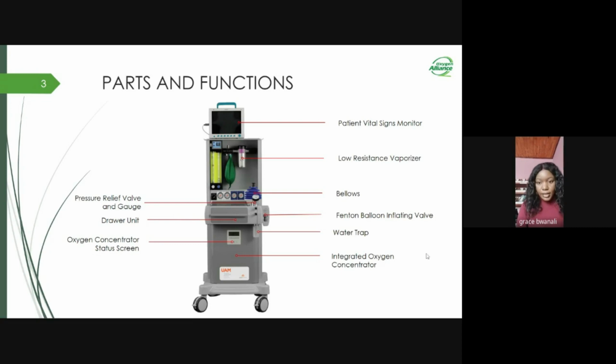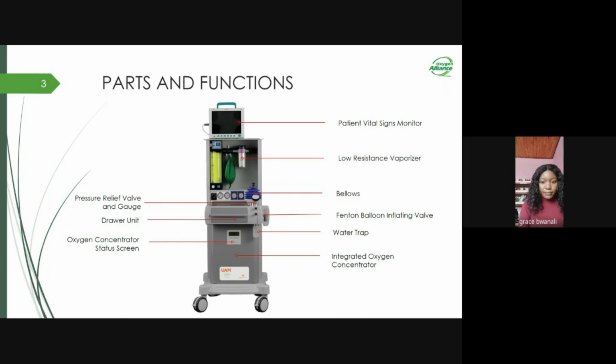Distal to it, we have the low resistance vaporizer, a device generally attached to the machine, which delivers a given concentration of a volatile anesthetic agent. It works by controlling the vaporization of anesthetic agents from liquid, and then accurately controls the concentration in which these volatile agents are added to the fresh gas that flows through it.